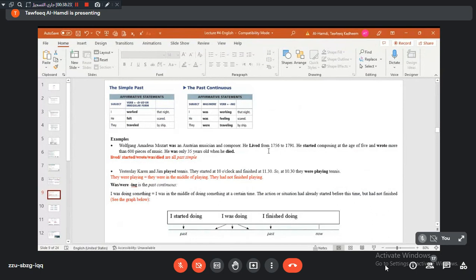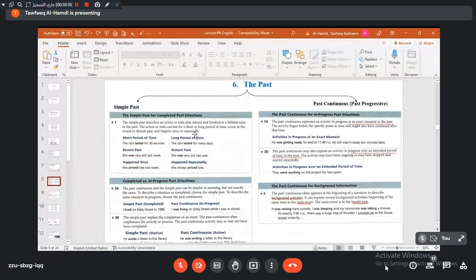So I'm talking about a state that happened in the past, because we said that he was a musician. I'm talking about a situation that started and finished at a definite time in the past.